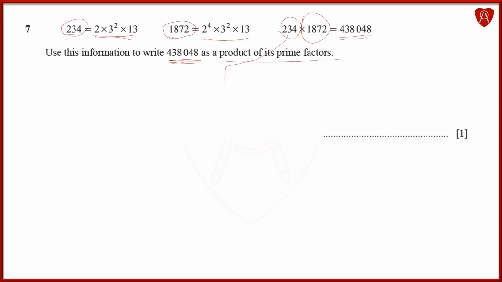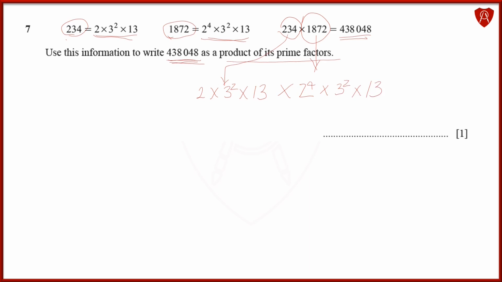So we simply take the prime factors of this number, which is 2 times 3 squared times 13, and multiply with the prime factors of the second number, which are 2 to the power 4 times 3 squared times 13.